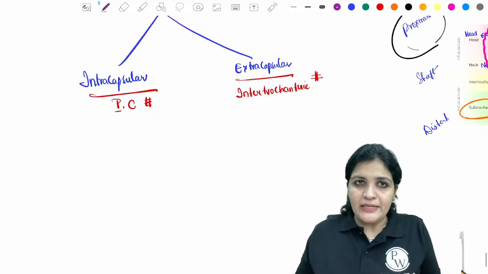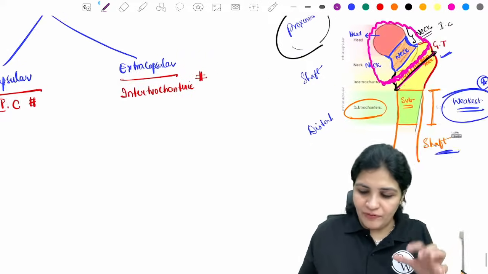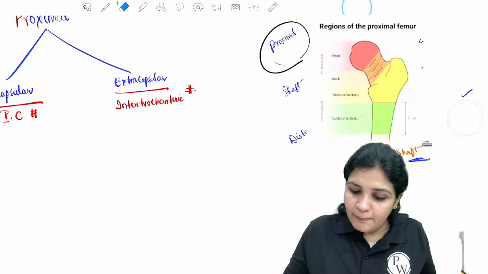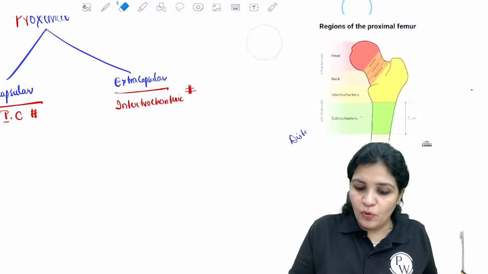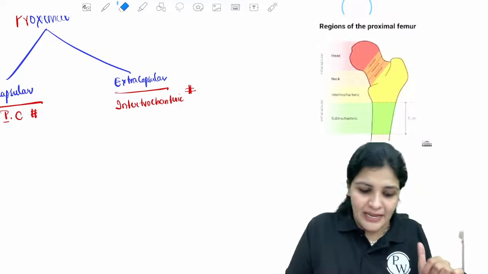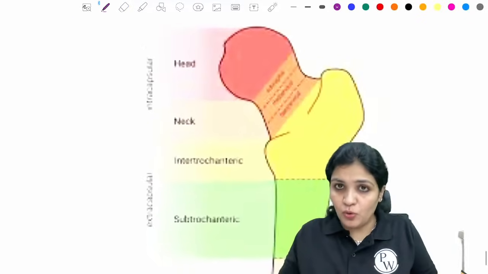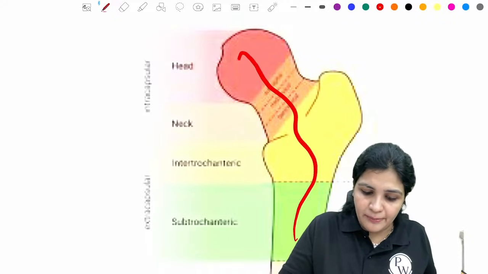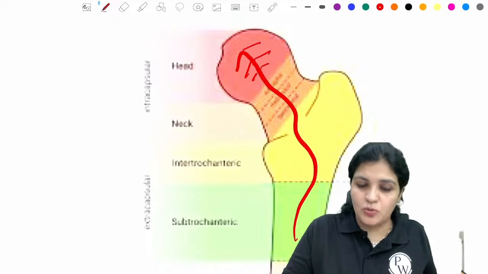So when we go back to basics, the basics say that, as with the scaphoid, where I told you the blood supply is from distal to proximal, similarly for the head also the blood supply is from distal to proximal. So the blood supply is going like this.